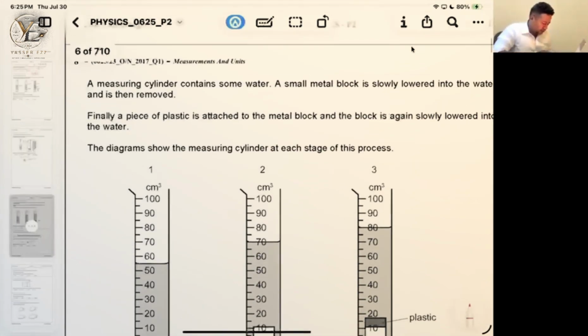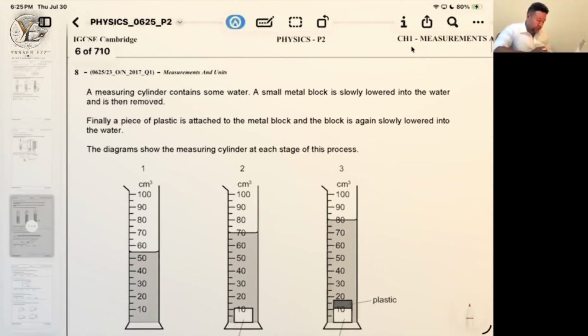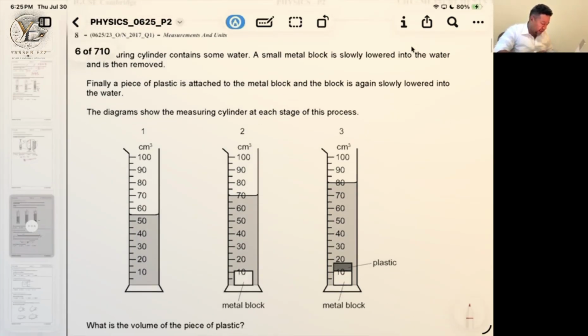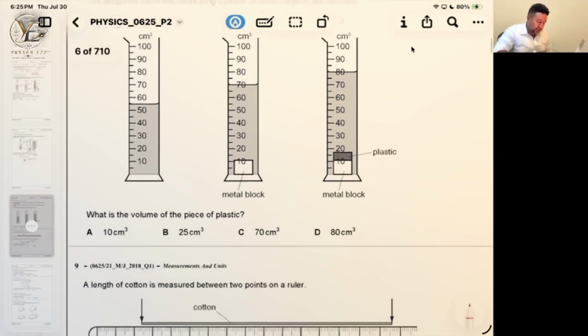Question number 8. A measuring cylinder contains some water. A small metal block is slowly lowered into the water and is then removed. Finally, a piece of plastic is attached to the metal block, and the block is again slowly lowered into the water. The diagrams show the measuring cylinder at each stage of this process.